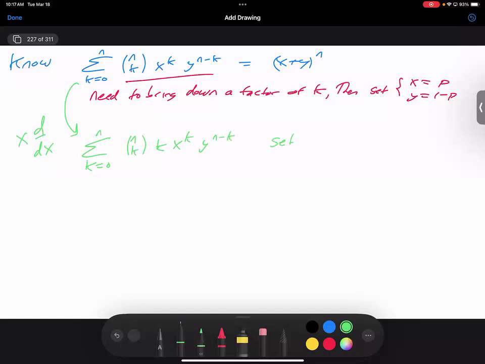And now set x equal to p, y equal to 1 minus p, and this becomes the sum, k goes from 0 to n, of k times n choose k, p to the k, 1 minus p to the n minus k.